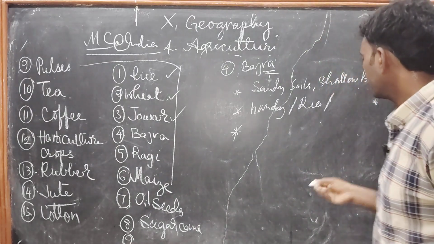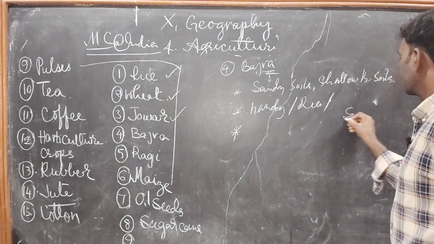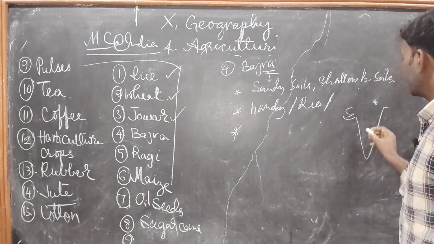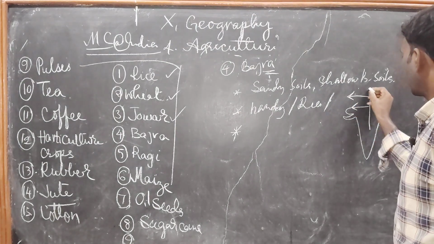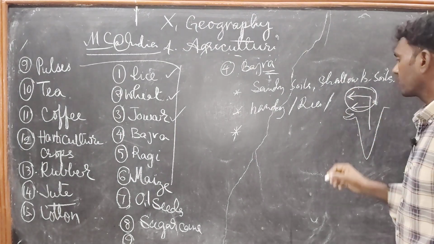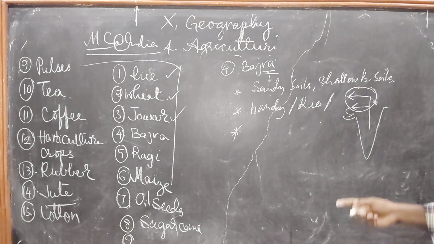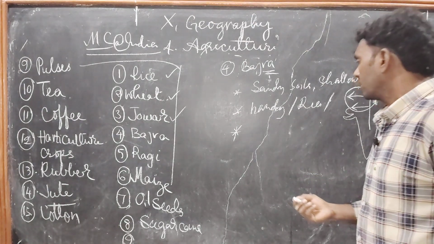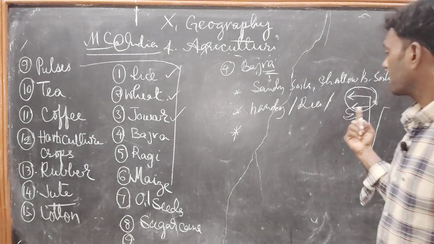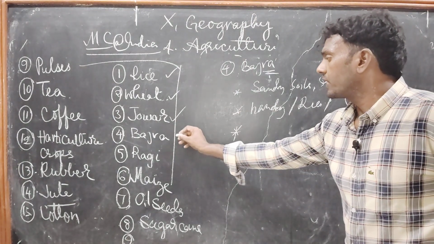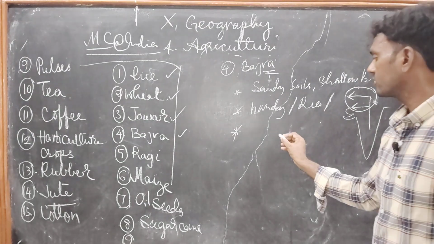So we are also cultivating this in northwestern and western parts of India. Because here we can find dry climates. And also the states which are producing bajra. See, what are those?